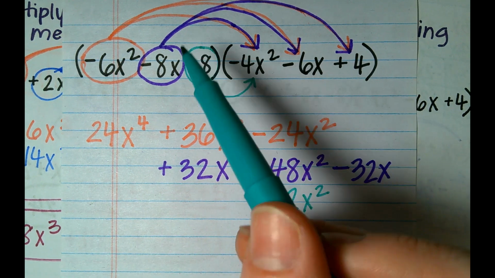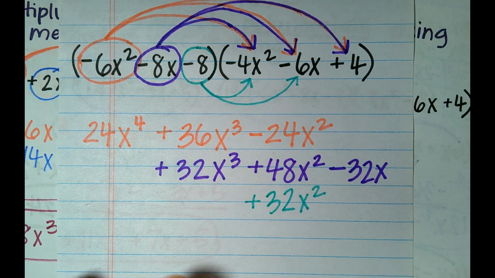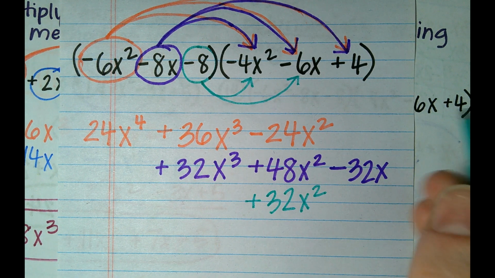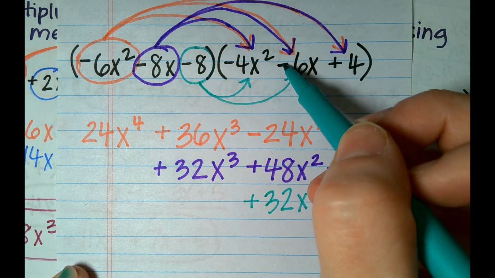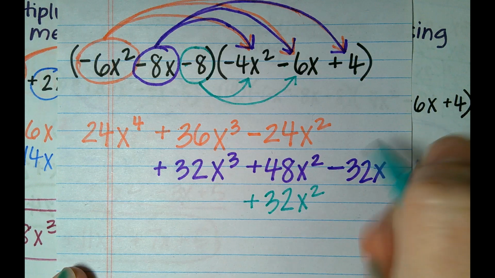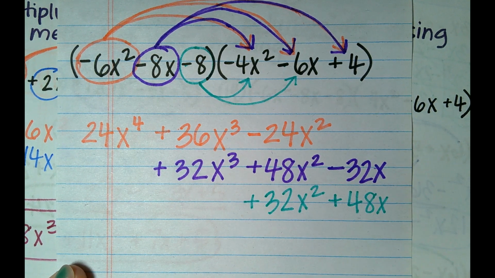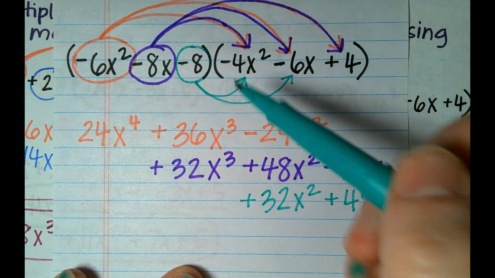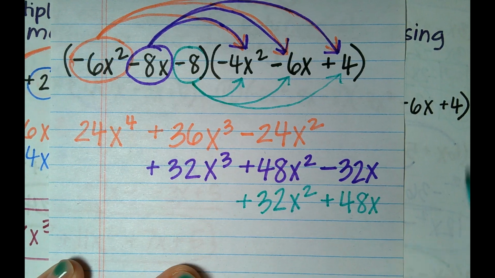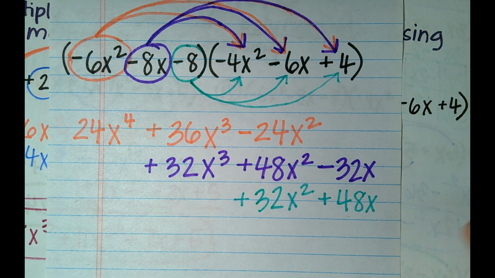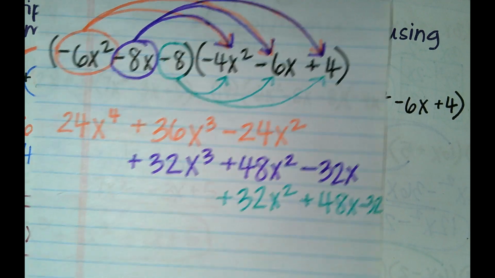Now I have negative 8 times negative 6x, 48x. This one's also going to be positive. I have a negative and a negative, they cancel. Positive 48x. And last but not least, negative 8 times positive 4. Negative 32.